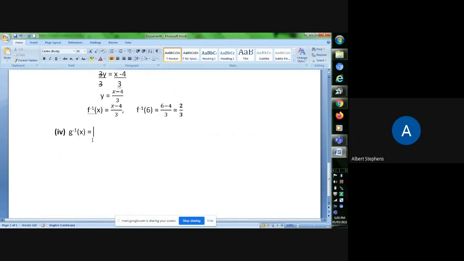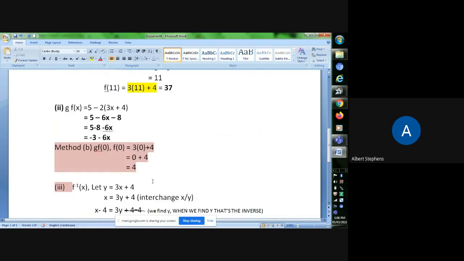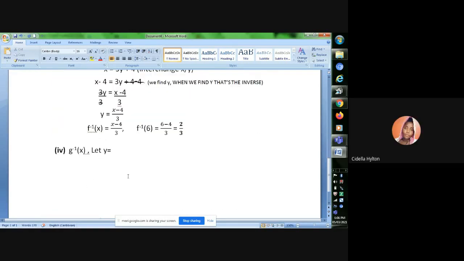So G inverse x. You follow my principle, what do we say? We say let y equal whatever the function is, not true? So we're going to do the same thing. Let y equal, not the F function, it would have been the G function. So the G function would have been 5 subtract 2x. 5 minus 2x.